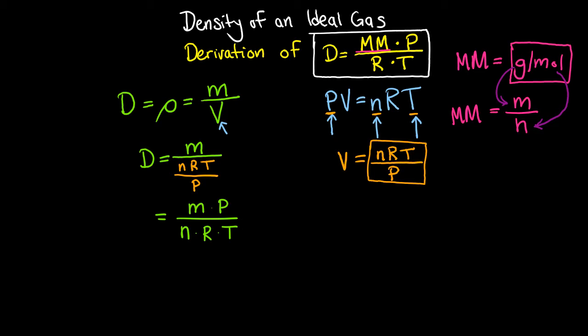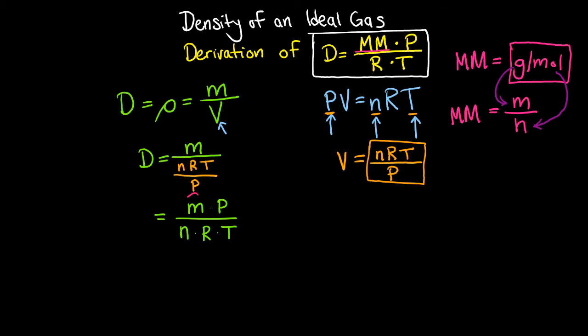If you look back at our new step of the derived equation, we actually have an m and an n. m divided by n, which is the mass of a sample divided by the number of moles of that sample, will correspond to the molar mass. So we can rewrite this again, but instead of writing m and n, we can substitute the molar mass.